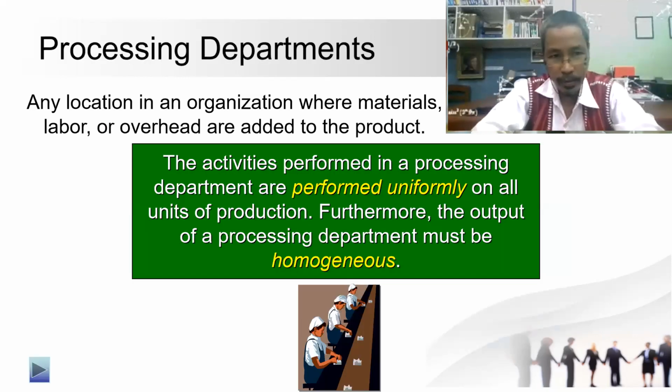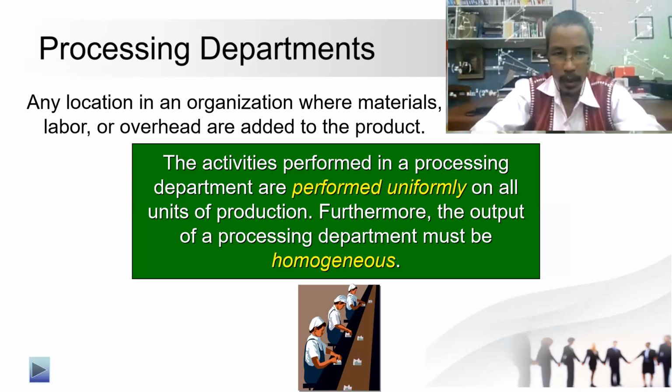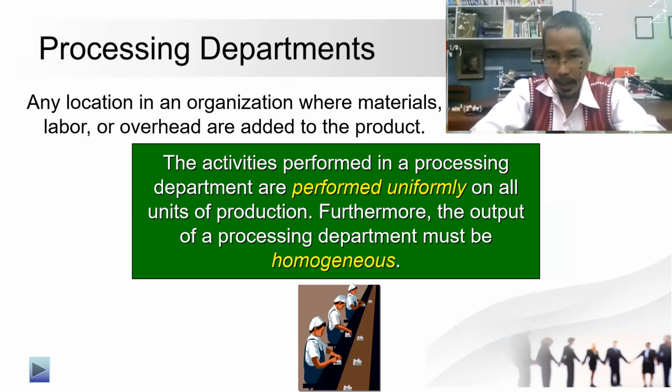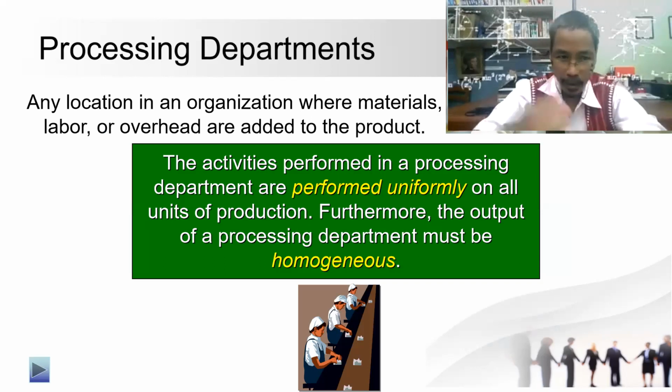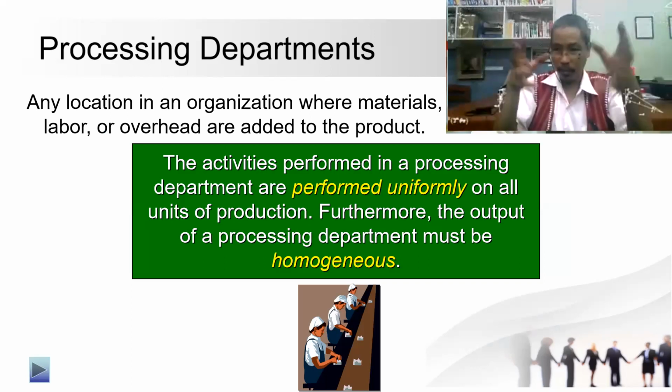Processing departments. Any location and organization where materials, labor, or overhead are added to the product. That is the processing area. Okay, materials, labor, overhead. So that is a processing area.